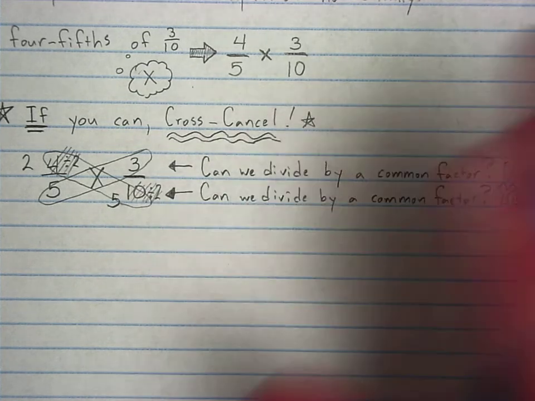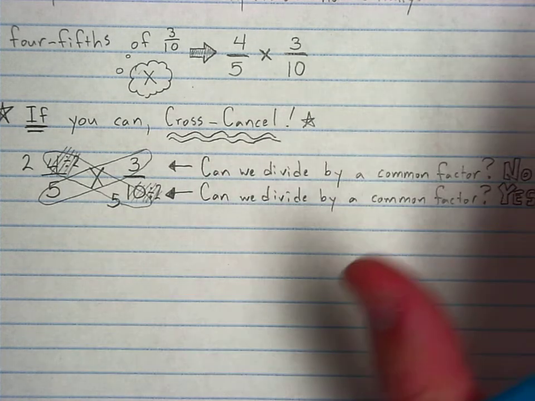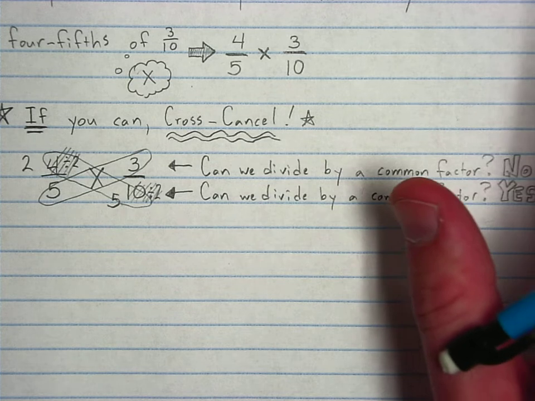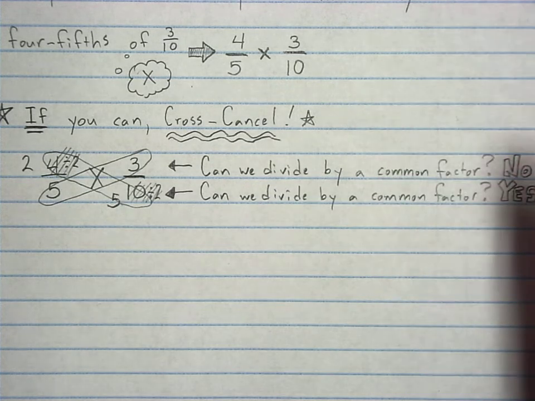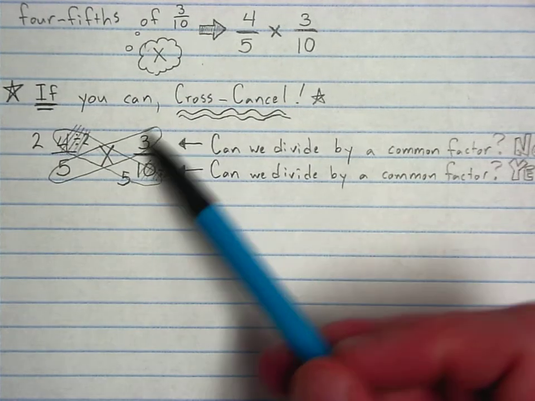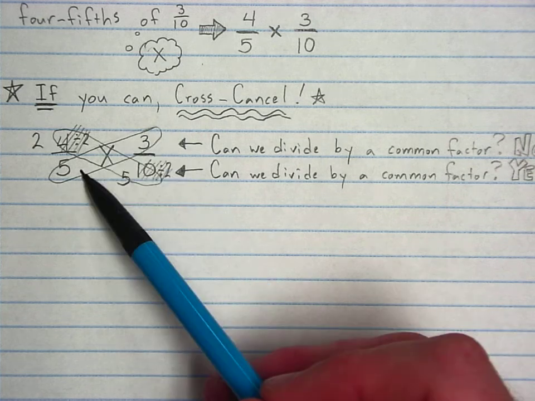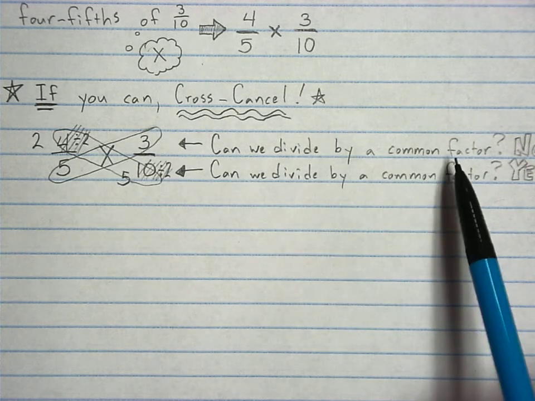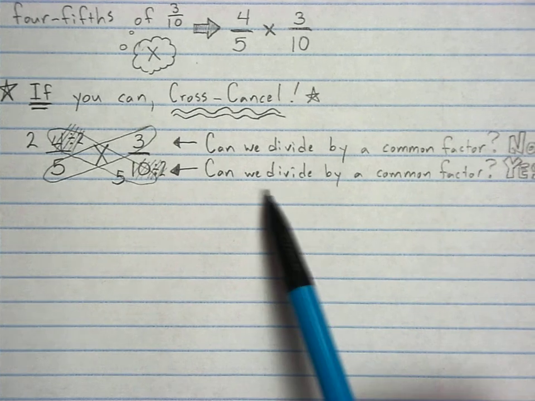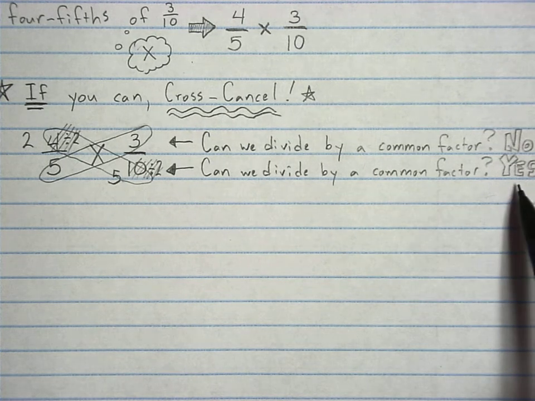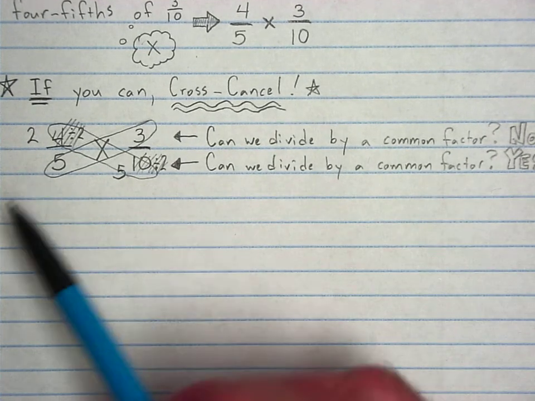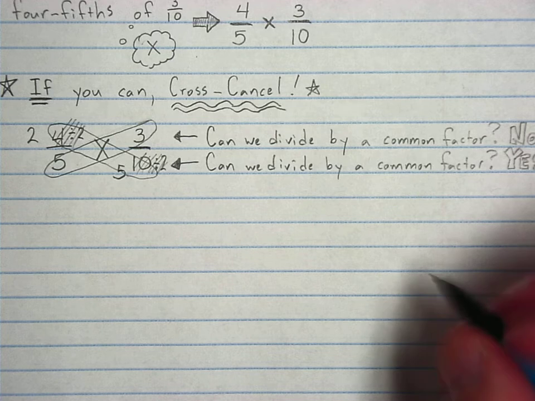These fractions are not equivalent. There's a lengthy algebraic reason why this works. Don't worry about that right now. We can talk about it during class. But you're looking at the diagonals, asking, can we divide by a common factor? And if the answer is yes, then do it. You are simplifying as you go.